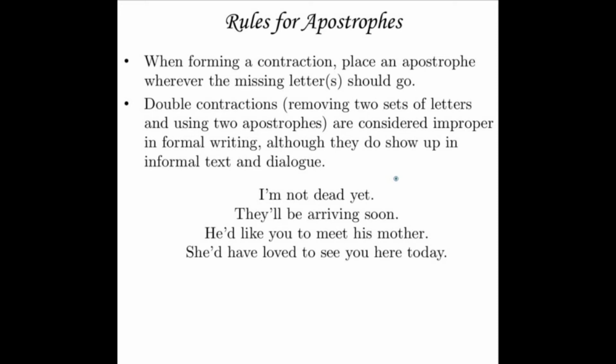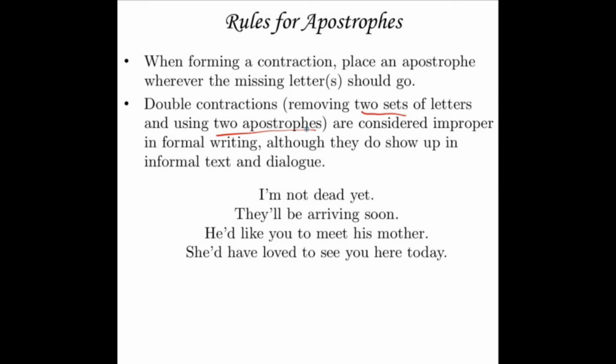Double contractions, which means removing 2 sets of letters and using 2 apostrophes, are considered improper in formal writing. Although they do show up in informal text and dialogue, you will hear people say, "you'd've done the same thing," which means you would have done the same thing. But if you write you'd've, you, apostrophe D, apostrophe V-E, it just looks weird and very informal, and don't do it.